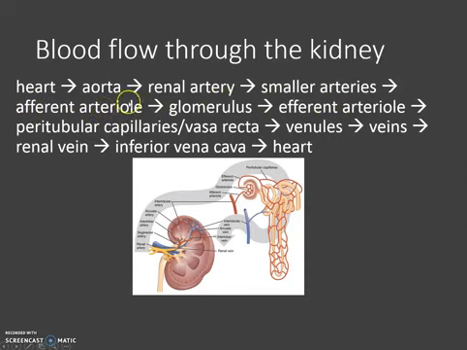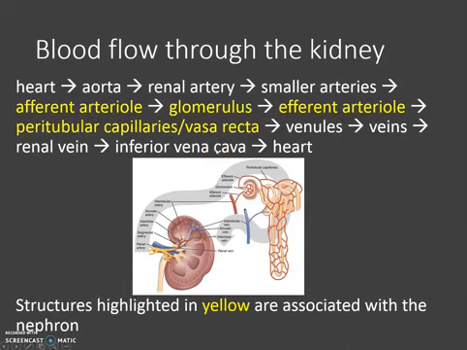And this is where things start to get really important because I'm going to switch to the next slide here. These structures highlighted in yellow are associated with the nephron. And the nephron is the microscopic functional unit of the kidney. Each kidney has on average about 1 million nephrons, so these are teeny, teeny, tiny.